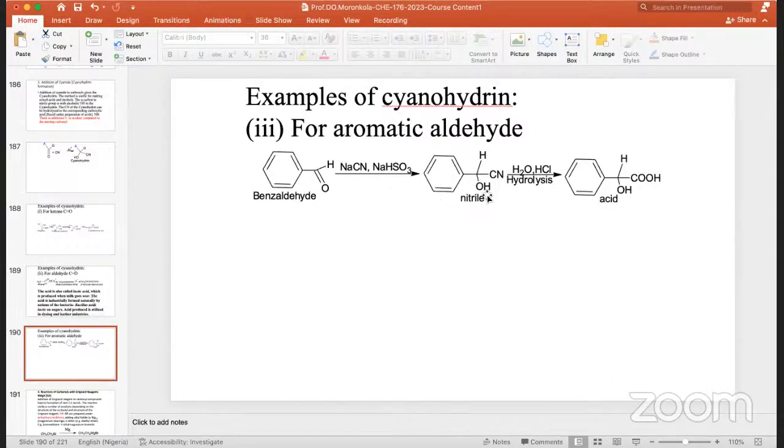For the aromatic aldehydes, we have looked at a ketone and an aliphatic aldehyde, ethanal, and now the aromatic aldehyde, benzaldehyde. We react it with cyanide in the presence of sodium hydrogen sulfite, and you have your nitrile formed, which on hydrolysis gives the acid we are interested in.